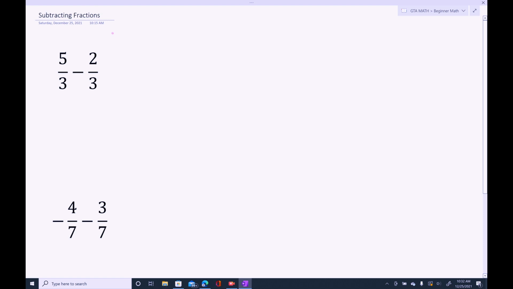In this case, we have 5 thirds minus 2 thirds. Whenever we subtract fractions, we always go from numerator over denominator, and we always want the denominators to be the same. Here, I see that both of these 3's are the same, so all we're doing is subtracting the numerator.